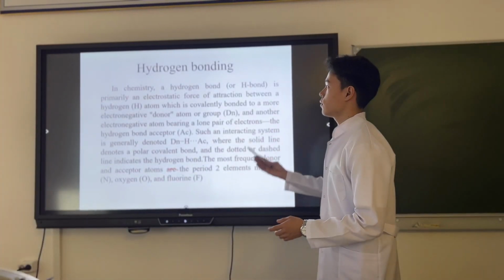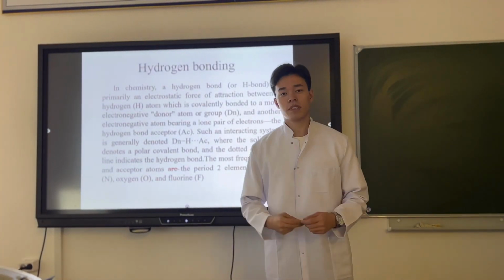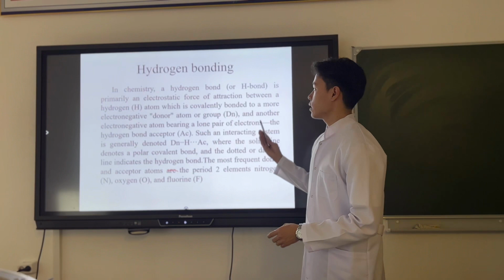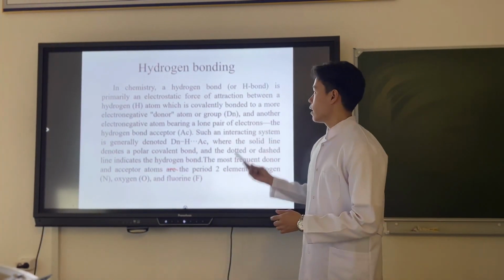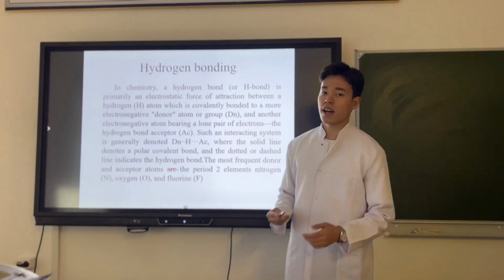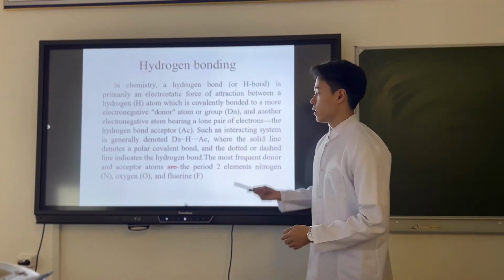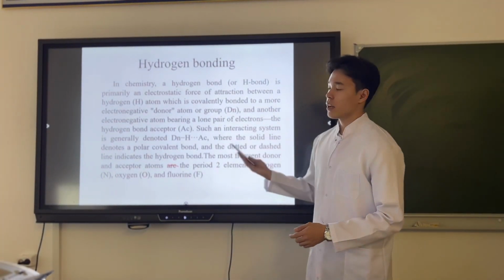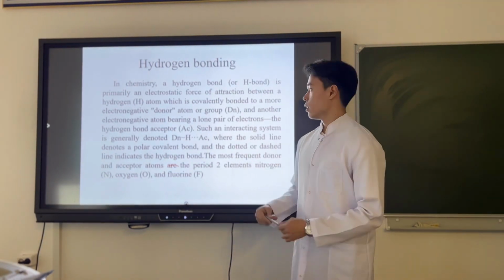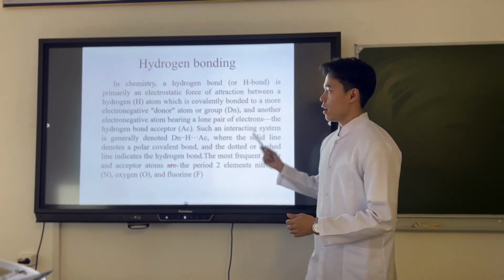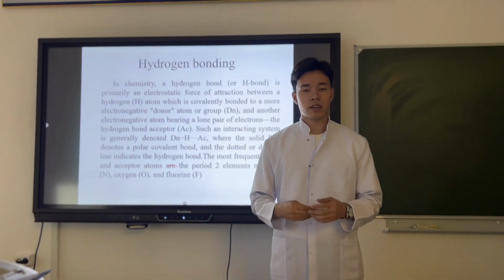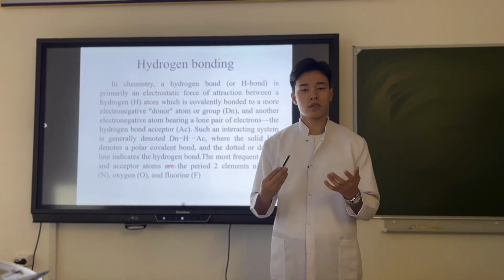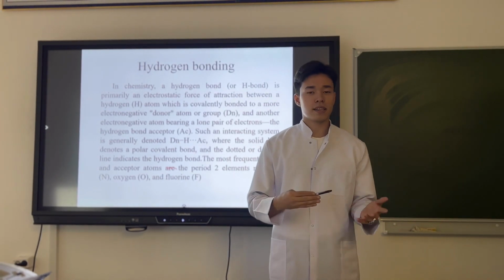The next, hydrogen bonding. In chemistry, a hydrogen bond is primarily an electrostatic force of attraction between a hydrogen atom which is covalently bonded to a more electronegative atom, the donor, and another electronegative atom bearing a lone pair of electrons, the hydrogen bond acceptor.